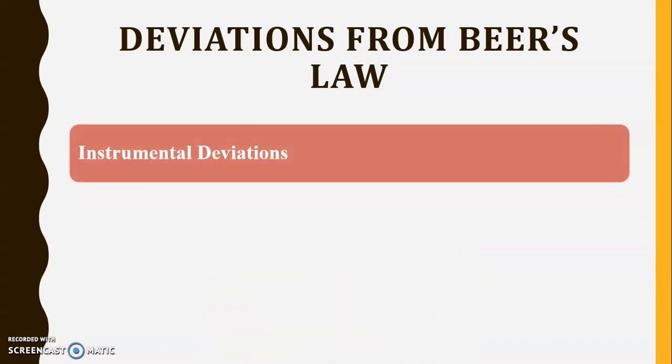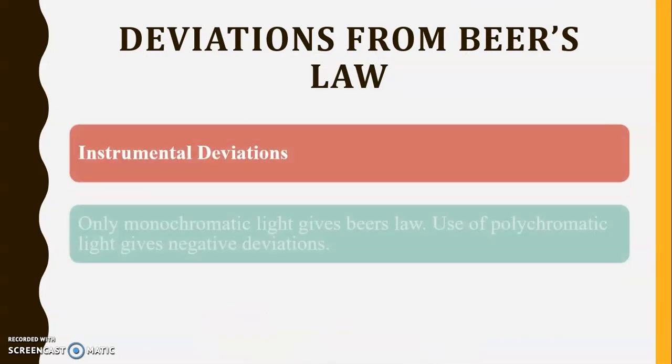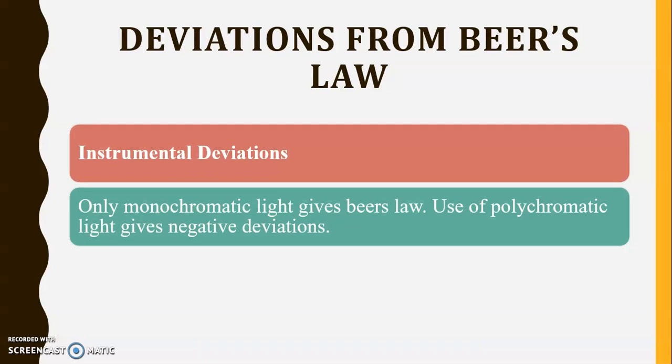And the last deviation is instrumental deviation. Here we know that if we use polychromatic light, it gives a negative deviation. So only monochromatic light should be used, which does not give any deviation. All these factors are related to the instrument, and we can control them by using a proper and accurate instrument.